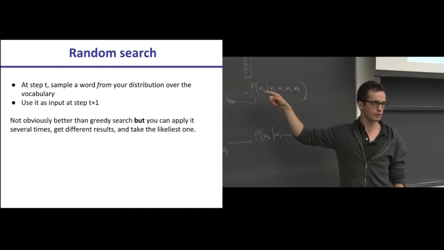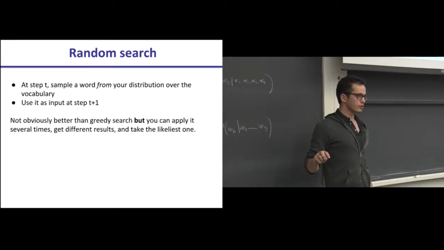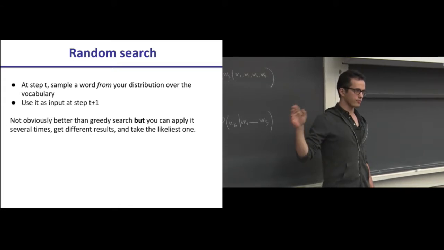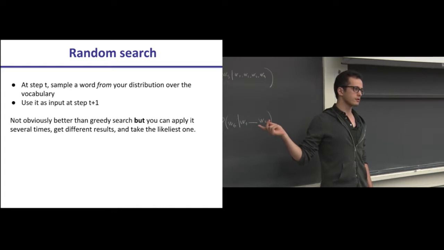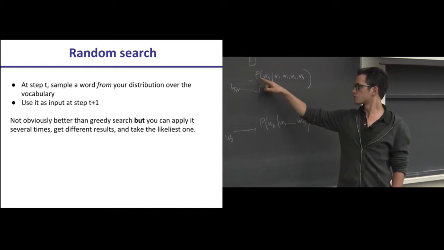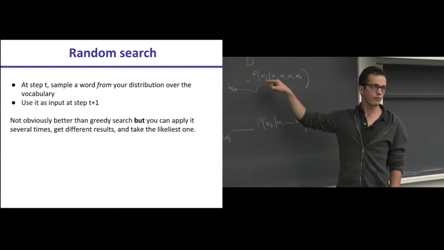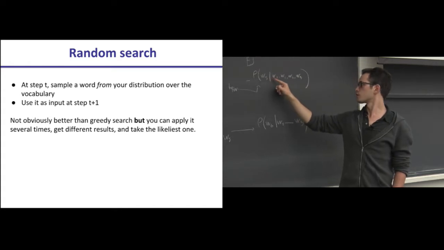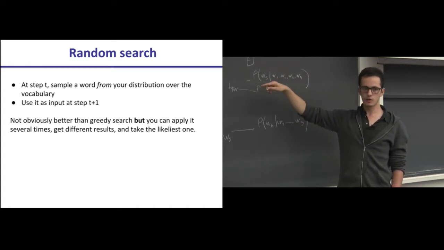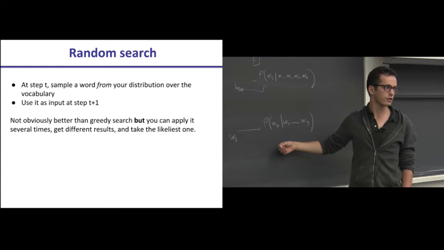An interesting property is that when you do that, the probability to get some sentence is exactly the probability of this actual sentence. Because at every step you generate W5 from its probability conditioned on the previous words. So the probability of a sequence is the product of all these conditional probabilities, which ends up being exactly the probability of the sentence.